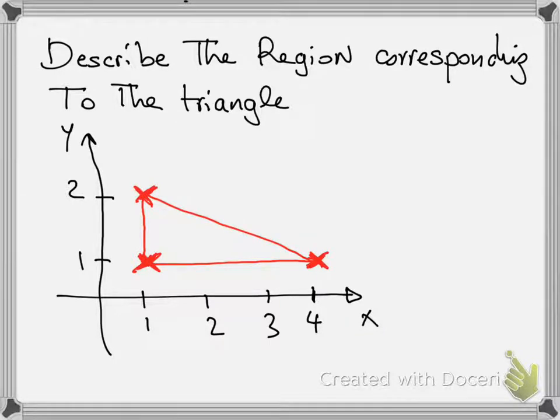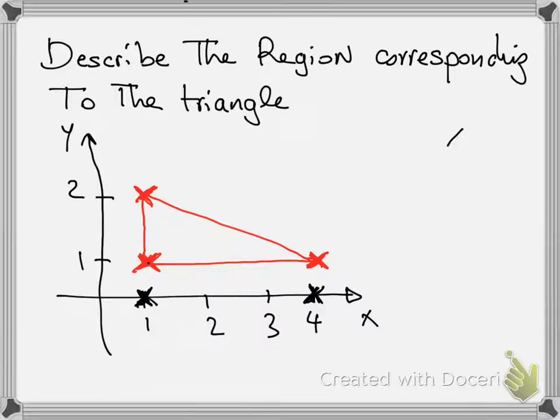Now, let's see how it works. I want to describe this region. What will be the bounds for x? Well, you can check your x-axis. For this triangle, x is between 1 and the last point, which corresponds to x equal to 4.